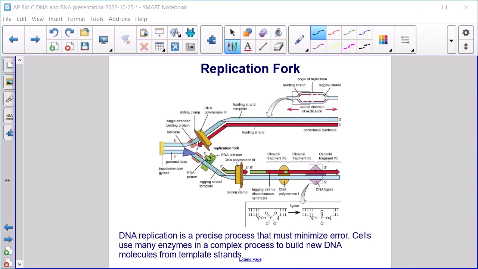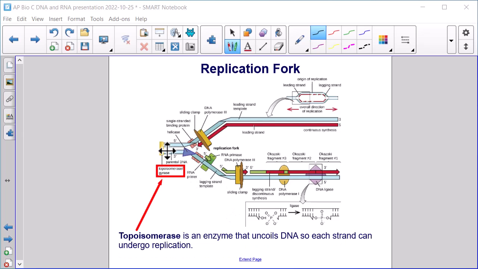DNA replication is a precise process that must minimize error. Cells use many enzymes in a complex process to build new DNA molecules from template strands. Topoisomerase, which you see indicated by this yellow bar here, is an enzyme whose purpose is to uncoil the DNA at that point so that each strand can undergo replication.